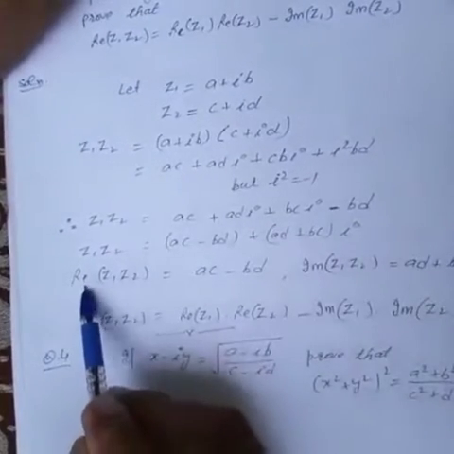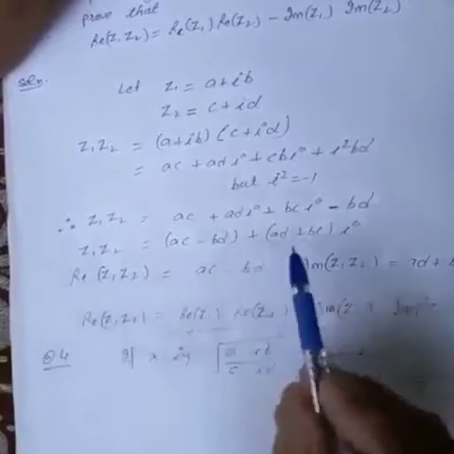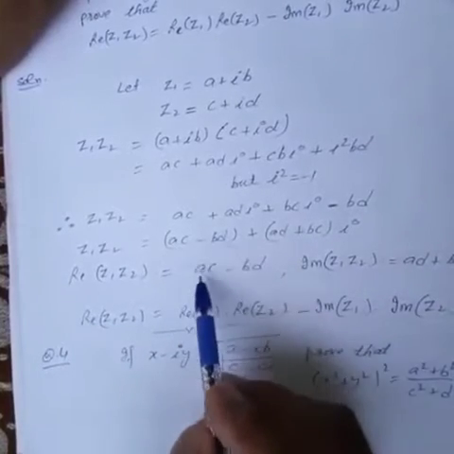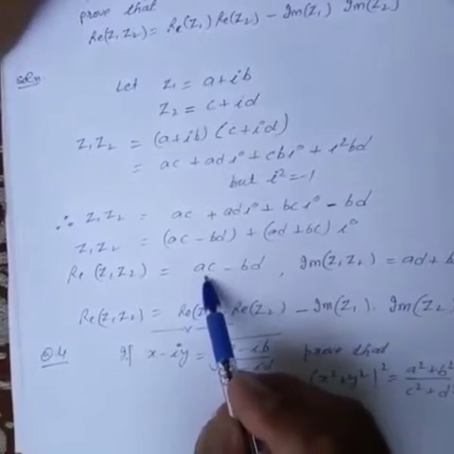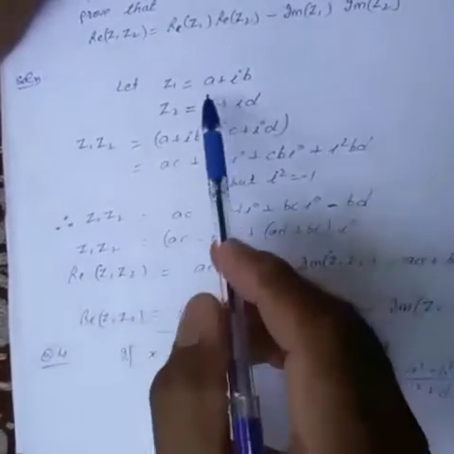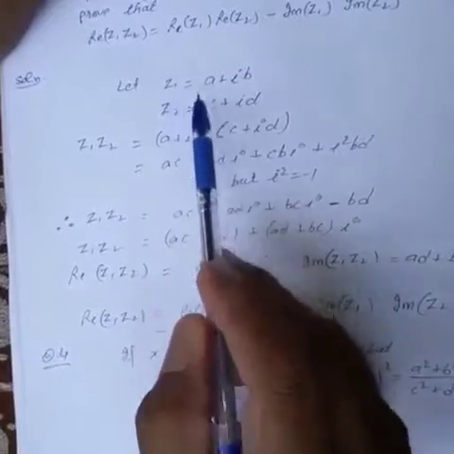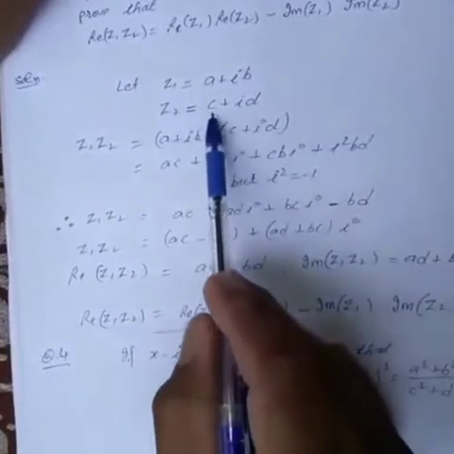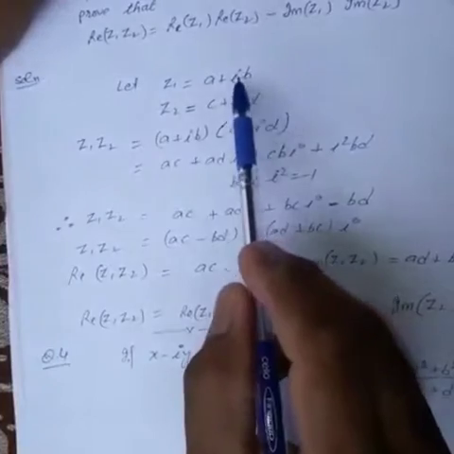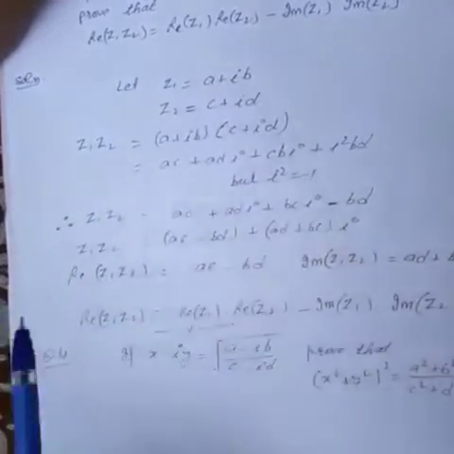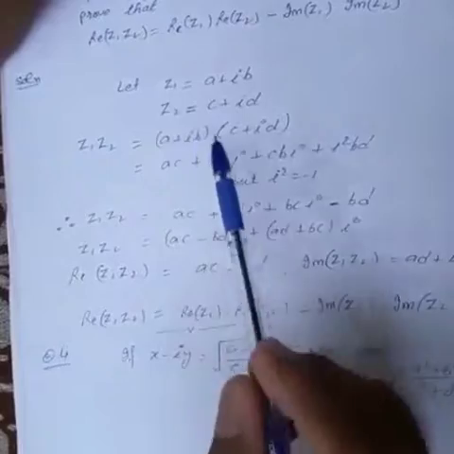Now what is the real part of z1 z2? This is the real part, so AC minus BD, and we know what A is. A is the real part of z1. Similarly, C is the real part of z2. And what is B? B is the imaginary part of z1. Similarly, D is the imaginary part of z2.